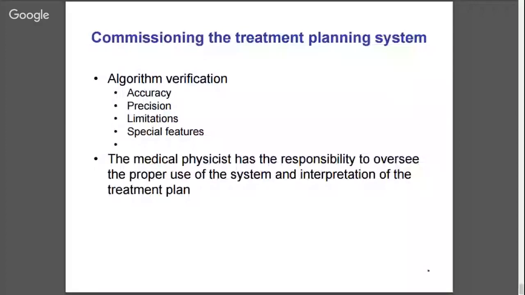And again, it's worth stressing that it's the medical physicist who has the responsibility to oversee the proper use of the treatment planning system and interpretation of the treatment plan. And one important aspect is we need to understand the limitations of our treatment planning system. Okay, we need to understand in what situations our treatment planning system, and then subsequent delivery of a particular plan using the linear accelerator, is likely to be least accurate.